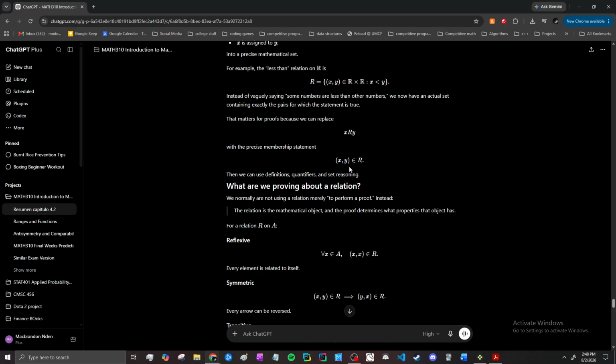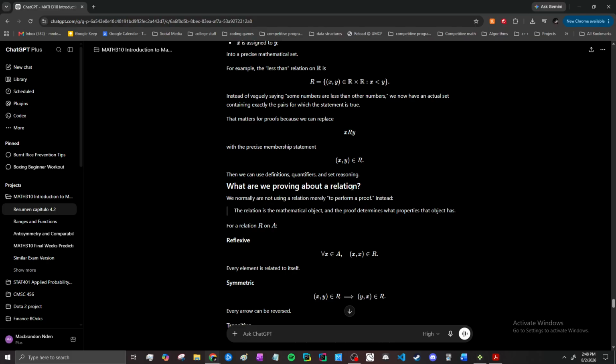We normally are not using a relation merely to perform a proof. Instead, the relation is a mathematical object, and the proof determines what property that object has. Oh, okay, I get it.